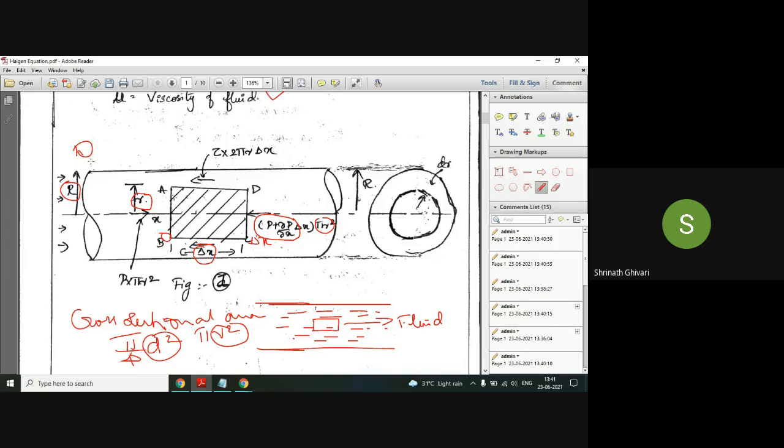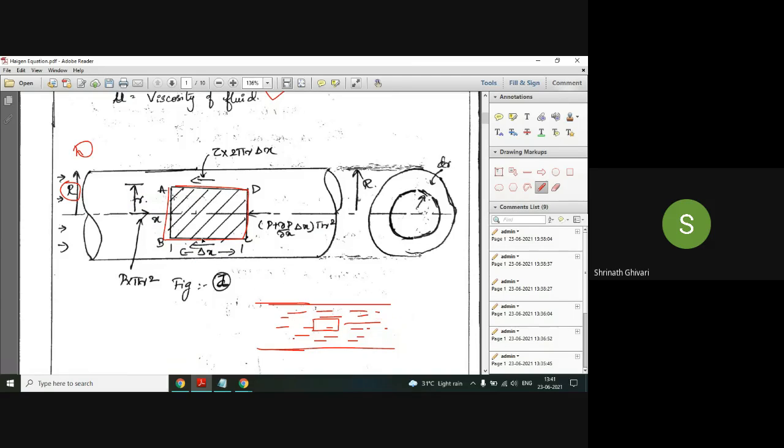I'll repeat it again for you all. There is a circular pipe in which a viscous fluid is flowing. A viscous fluid is one which has laminar flow. In that viscous fluid we have considered a fluid element of radius small r, and the pipe is of diameter capital D. On this fluid element we are going to study our property.